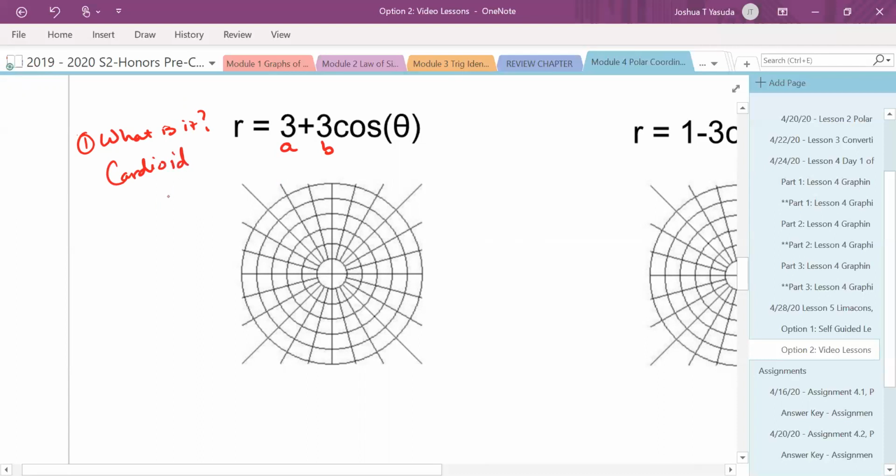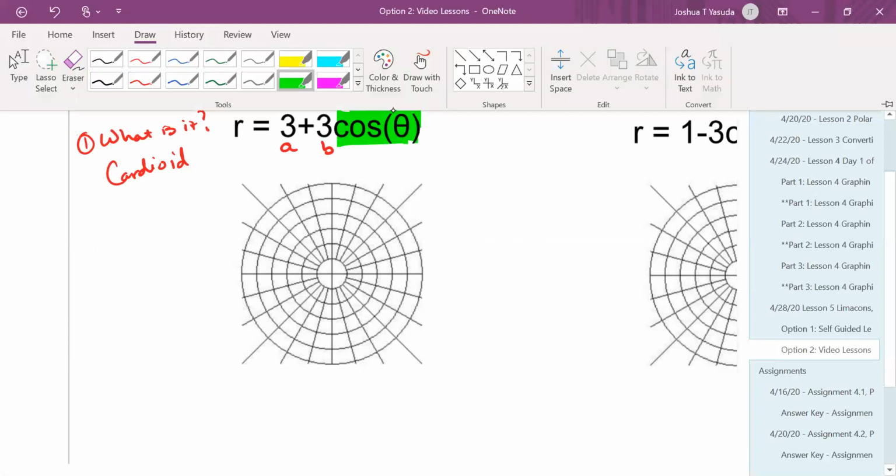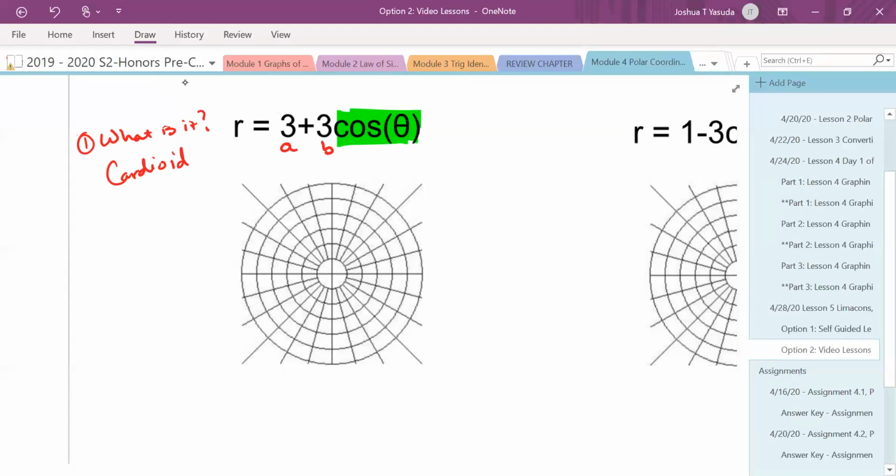Okay. Now if it's a cosine equation, then it's always going to go out the furthest at 0 or pi. Since it's positive, I know it's going to go out the furthest at 0.